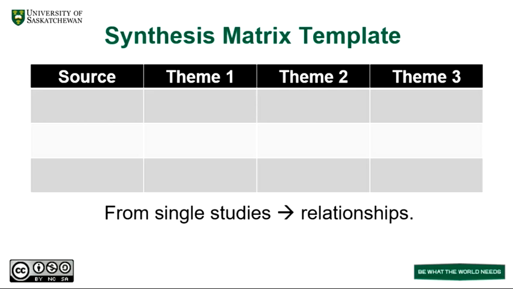What this does is it enables us to get more of a bird's eye view so that we're not focused so much on single studies, but instead we're looking at commonalities and relationships. The benefit with a matrix template like this is that it's very flexible, and you can make it as personalized and as detailed as you want.